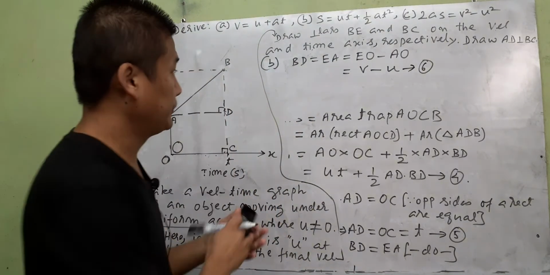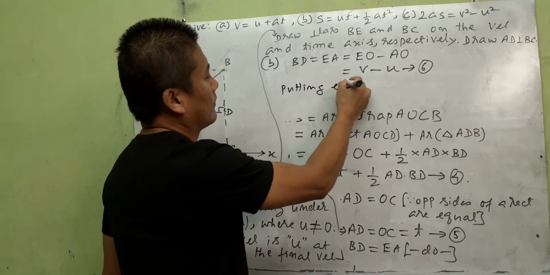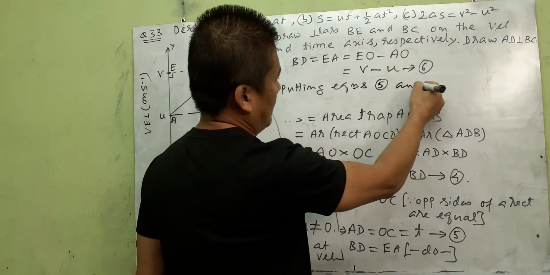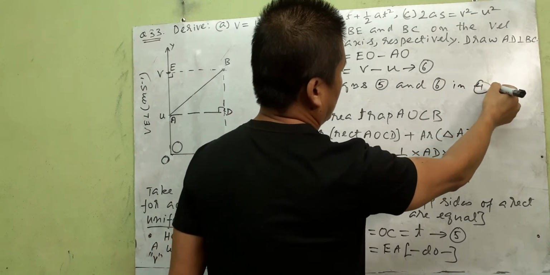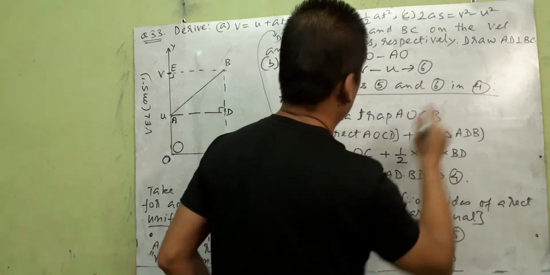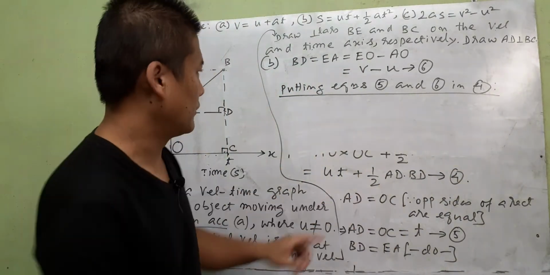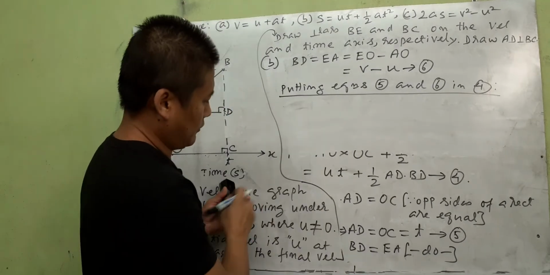Then we put equations 5 and 6 in 4. Equation 4 is here: S was there on the left side, right?